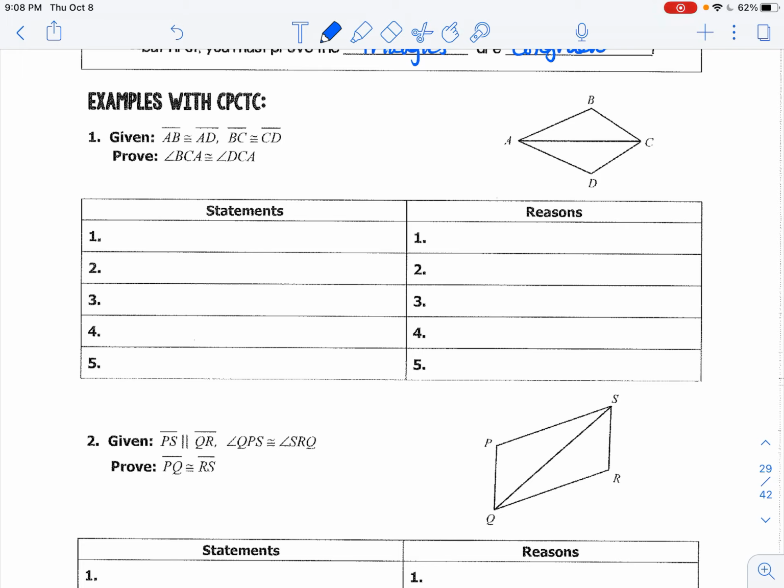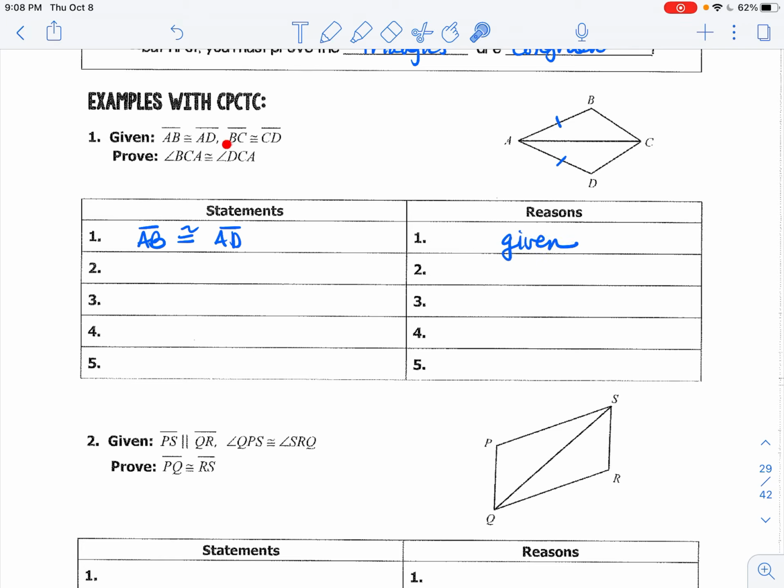Let's look at an example with CPCTC. So we're given that side AB is congruent to AD. So I'm going to go ahead and mark AB is congruent to AD. That's a given statement, and the reason is that it's given.